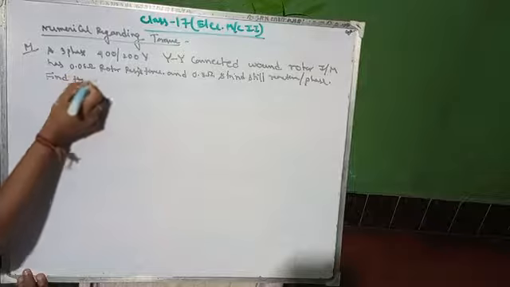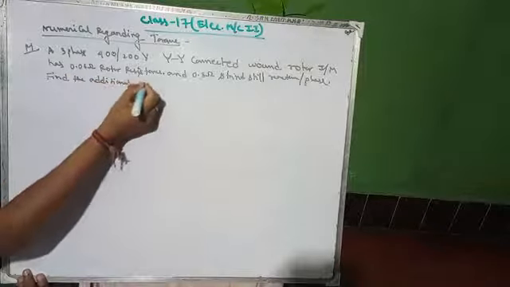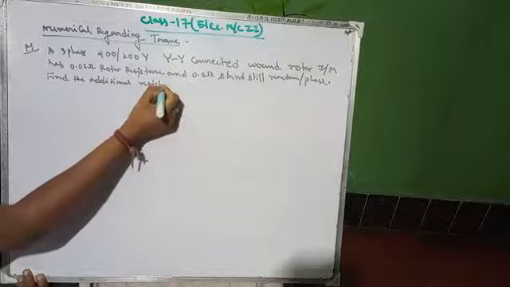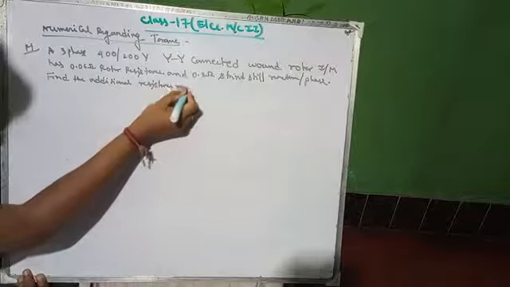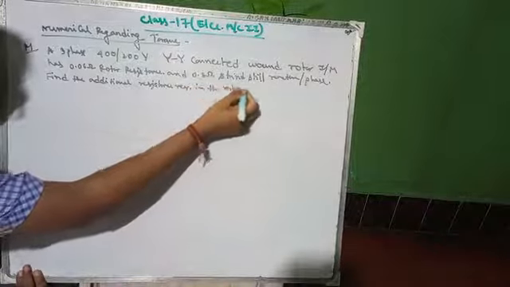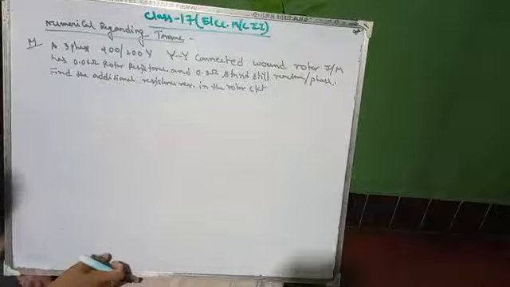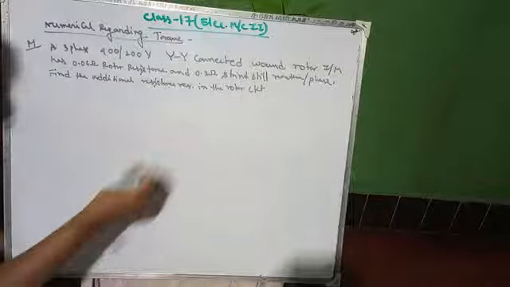Find the additional resistance required in the rotor circuit to make the starting torque equal to the maximum torque of the motor.